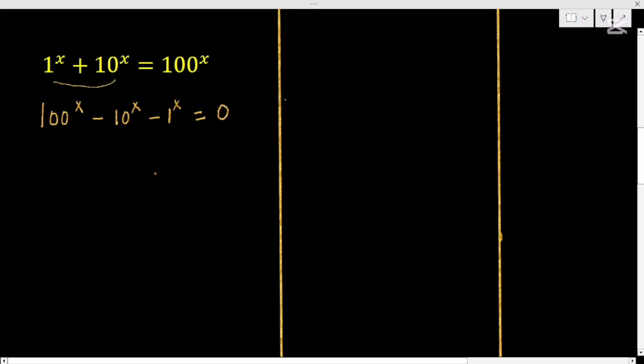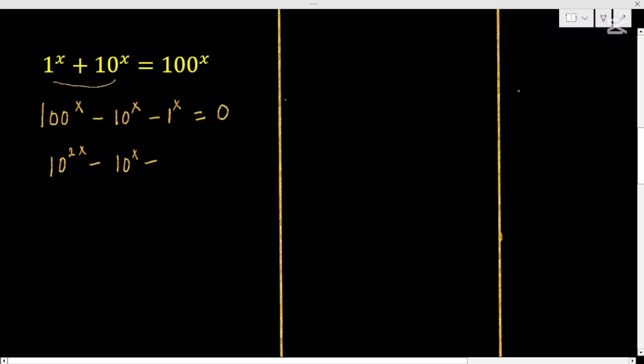That's the first step. So the second step is changing this 100 to 10 raised power 2x minus 10 raised power x minus. Now, you see that we have 1 raised power x here, but we know that mathematically, when we have 1 raised power any number, the answer is still the same as 1.